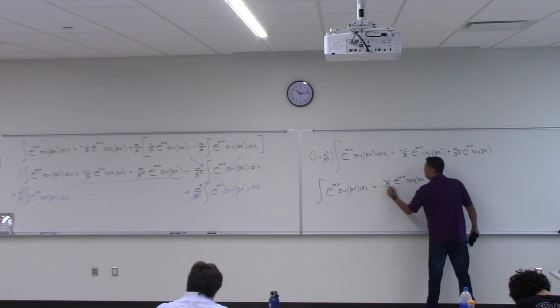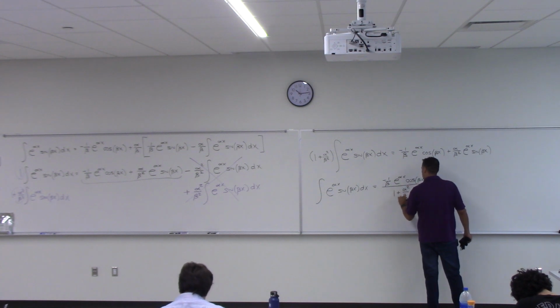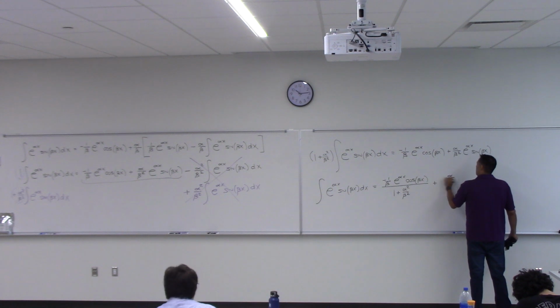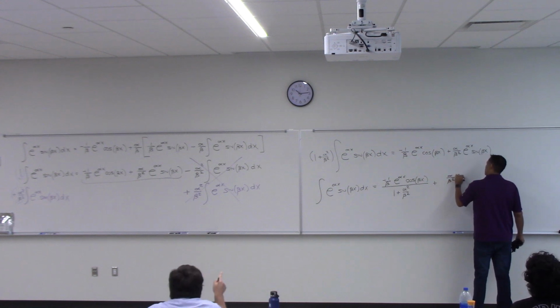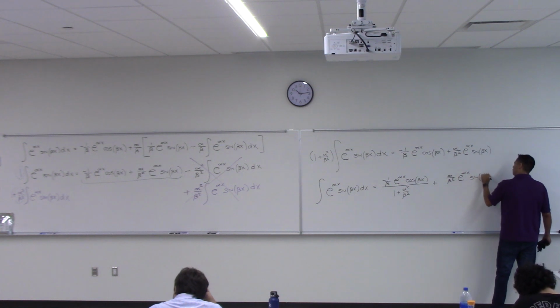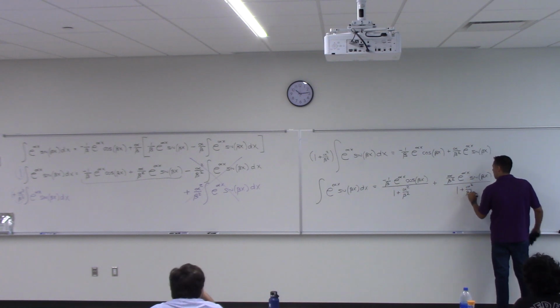I'm just going to take that whole expression and divide it by 1 plus alpha squared over beta squared. And then plus alpha over beta squared e to the alpha x sine beta x over that thing I divided by, 1 plus alpha squared over beta squared.